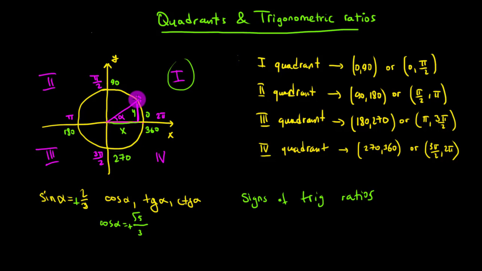And this one is the radius. The radius of the unit circle is 1, of course.